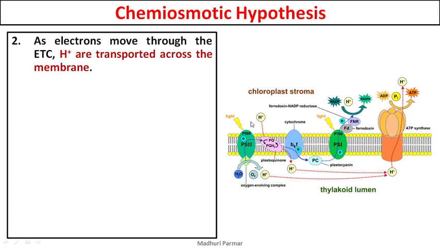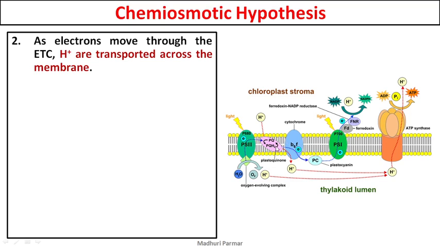Second reason, as the electrons are transported through this electron transport chain, as we just saw, plastoquinone picks up the proton from the stroma, from outside the thylakoid, because it cannot just transfer electrons, it has to get reduced. So it will take electron plus proton, then it will become PQH2, which is reduced plastoquinone.